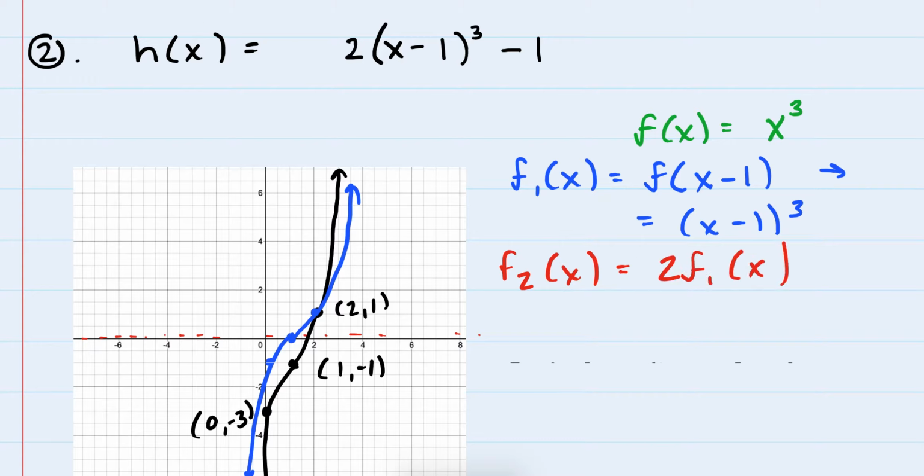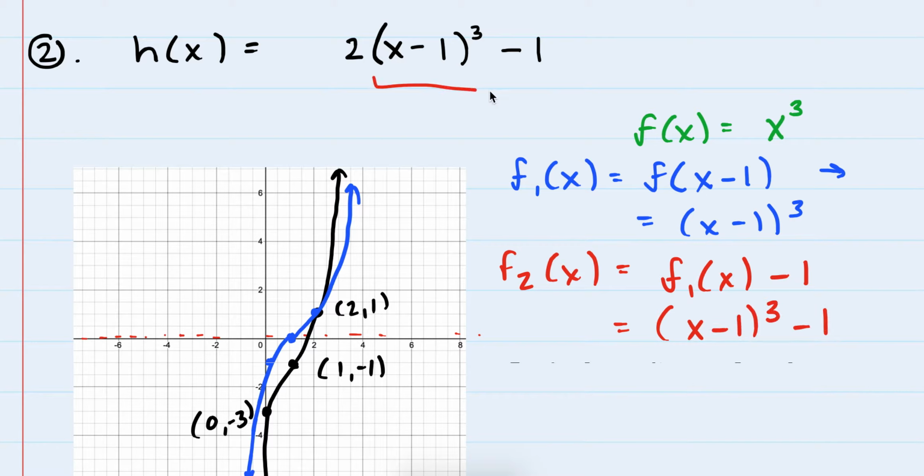Okay. Let's say instead I defined this function as taking this one and moving it down 1. So I say let's take f1 of x and subtract 1 to get the function (x minus 1) cubed minus 1, because that's kind of similar to what I have. I don't have this 2.